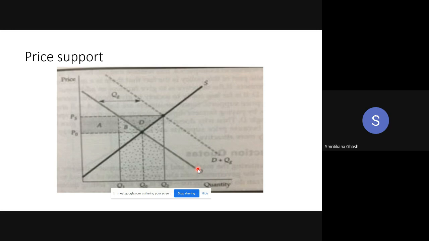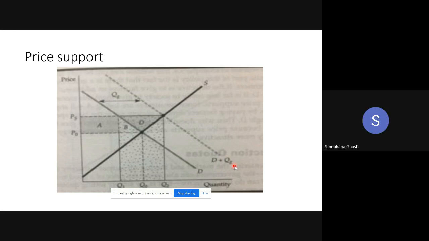That is why the demand curve has shifted upward parallelly. It is the horizontal summation. Initially there were 20 individuals, now there are 21 individuals and the last one is the government who is demanding QS. So that is why the demand curve has shifted to that dotted one and the sum total is D plus QS. Now tell me, any doubt? Yes, I'm clear.